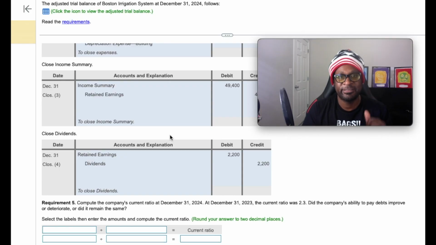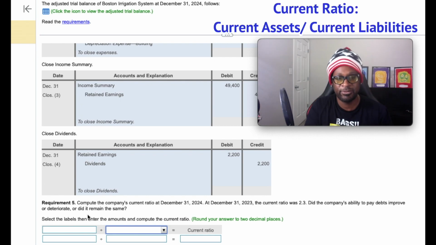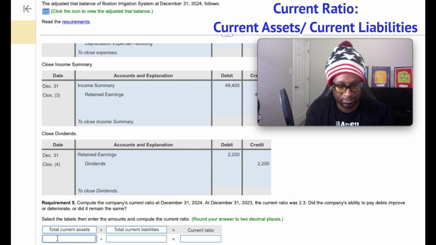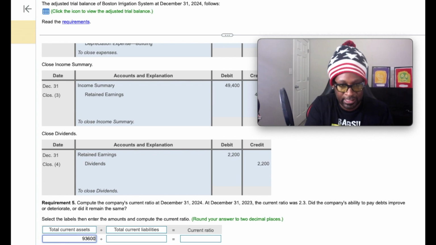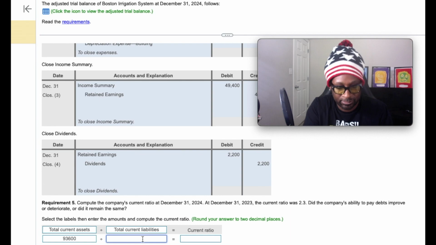Now it's time for us to calculate the current ratio and do some preliminary financial statement analysis. We're going to use the current ratio to measure the company's ability to pay off its current debt with its current assets. We know the formula for our total current ratio is total current assets divided by total current liabilities. Therefore, based upon our balance sheet, our total current assets was $93,600 and our total current liabilities was $39,000, gang.